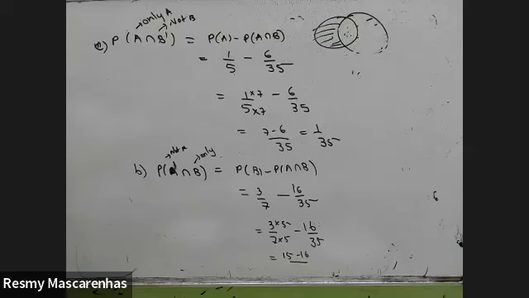Teacher, first is B part. No, but logic wise, it is the same. P of B. But teacher, value of A union B is 16/35.